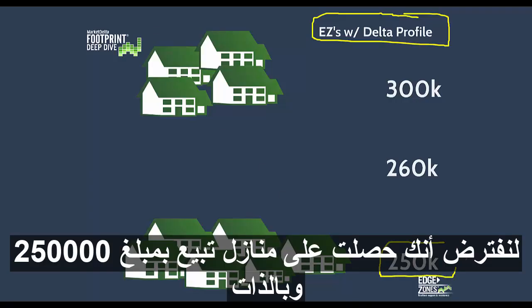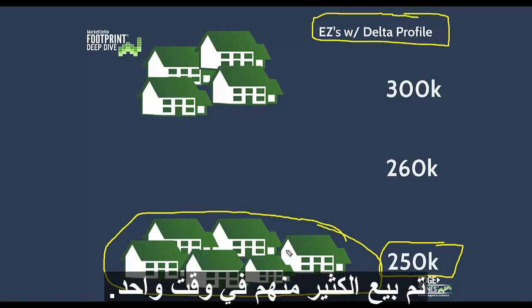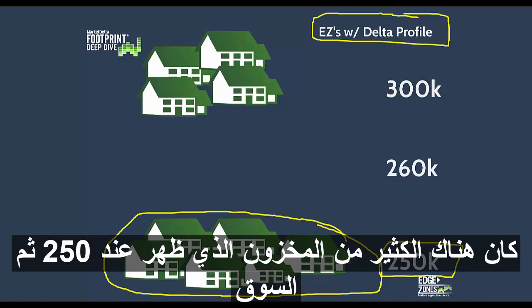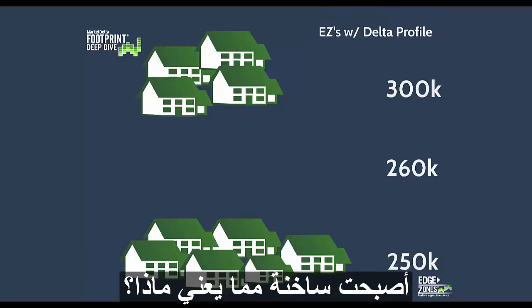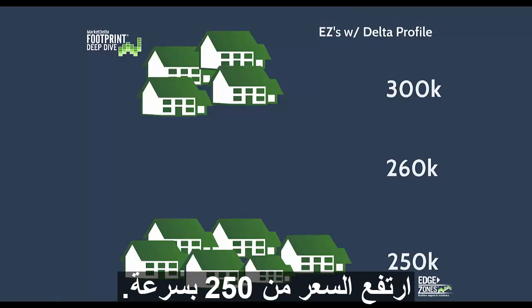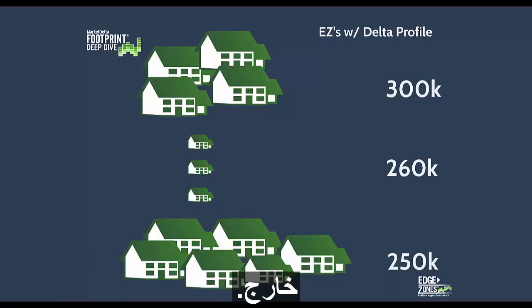Let's say you've got houses that sell for $250,000, and in that particular area or neighborhood, a lot of them sold at one moment in time. There was a lot of inventory that came out at $250,000. Then the market got hot, which means what? Price rallied. It rallied from $250,000 quickly up to $300,000, where the next collection of a lot of inventory came out.